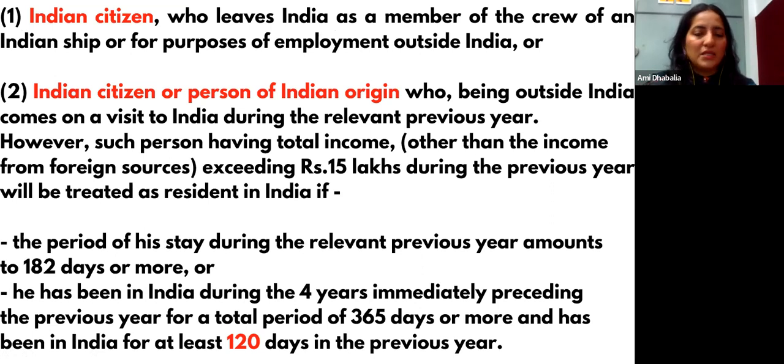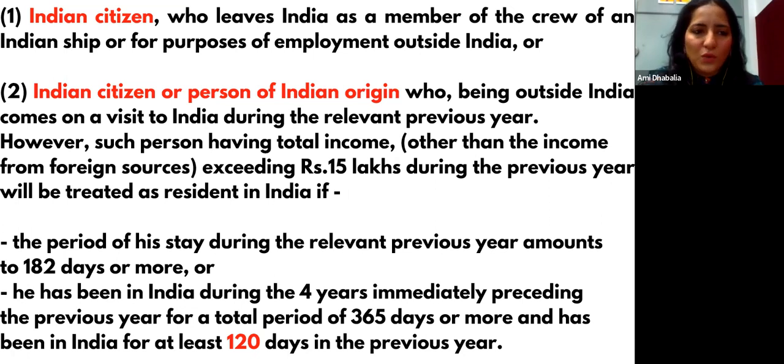If you are an Indian citizen or a PIO, and who has come to India for a visit, but total income is less than 15 lakhs. Now, this total income goes without saying that it is only Indian income. All right. If it is less than 15 lakh, then again it is 182 days. But if it is more than 15 lakhs, then the 60 days will be replaced by 120 days.